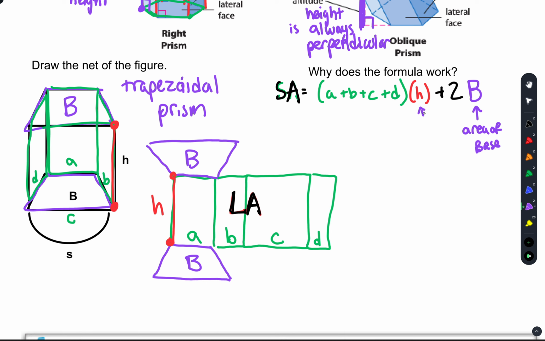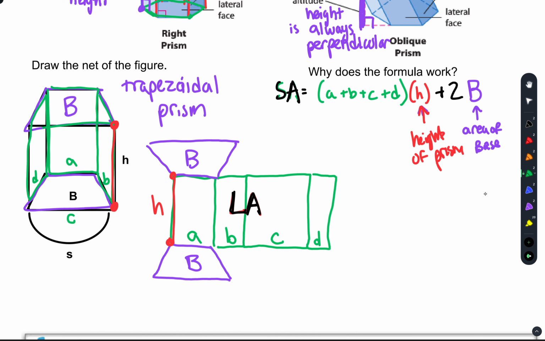H is the, let's change color. H is the height of the prism. And then how did I get that A plus B plus C plus D? Imagine taking your net, folding it back up to make a 3D solid. That A plus B plus C plus D, that's going to be the perimeter of the whole base.